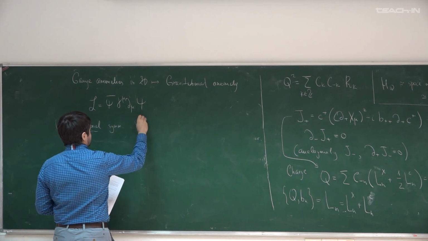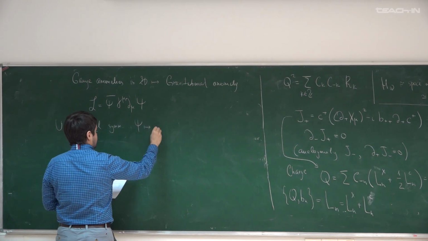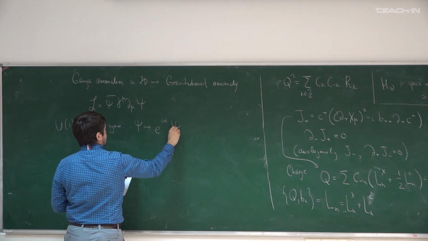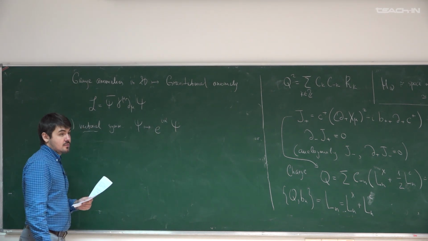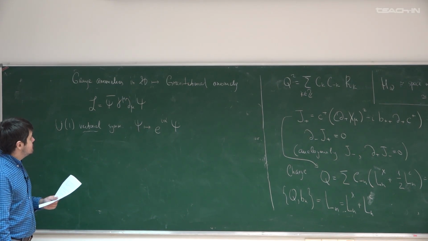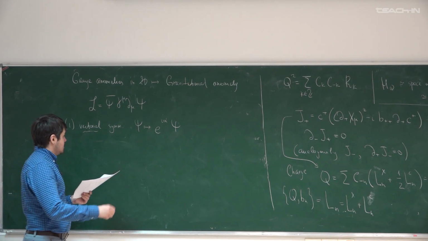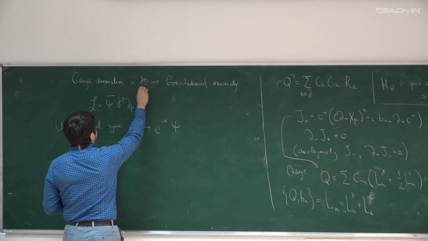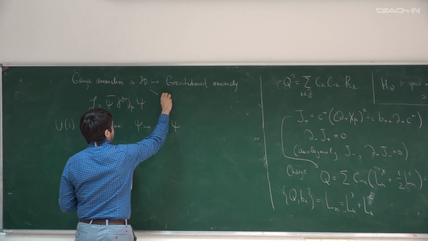which acts by rotating the fermion by a phase. Here, I'm talking about gauge anomalies, what is called chiral anomaly.